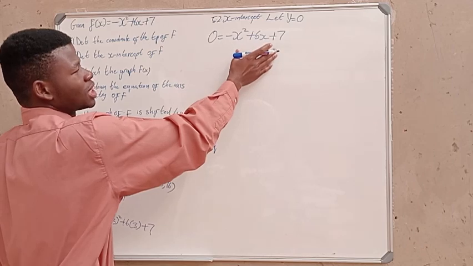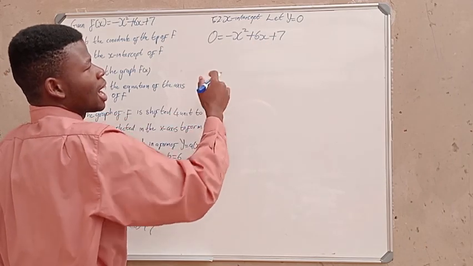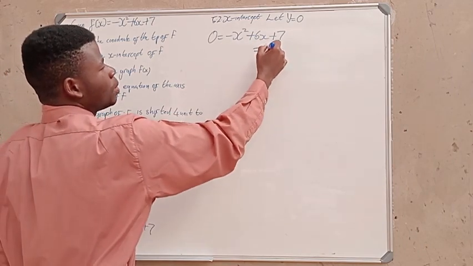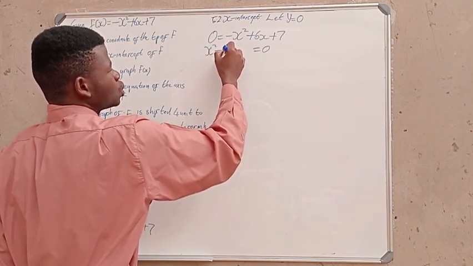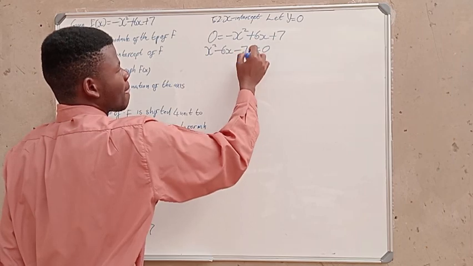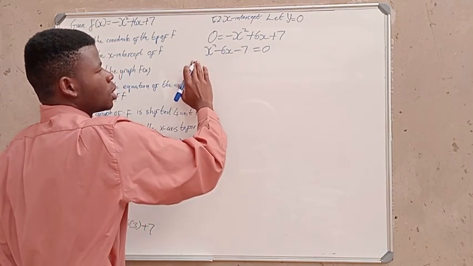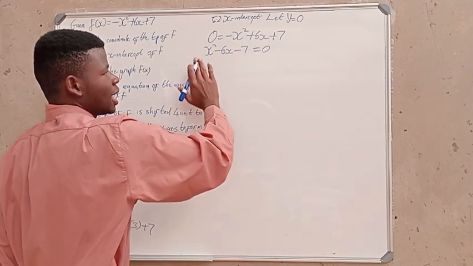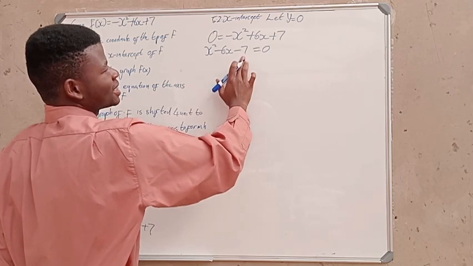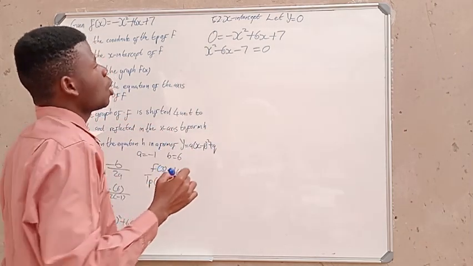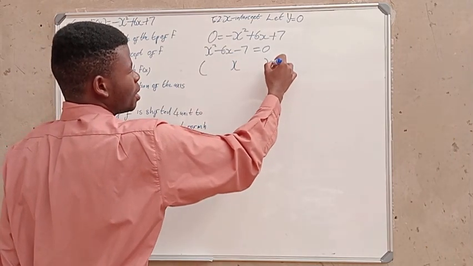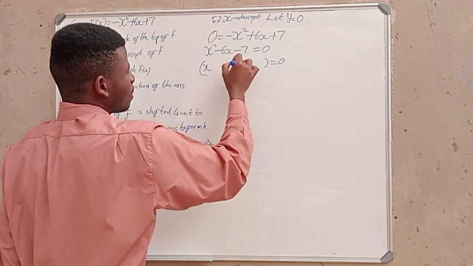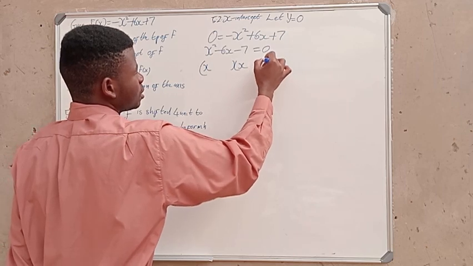So I'm going to transpose everything here. I know some of you will prefer to divide by -1. That is also fine. So do you see this? x squared minus 6x minus 7. This is question 1, grade 12 and grade 11, on your paper 1.